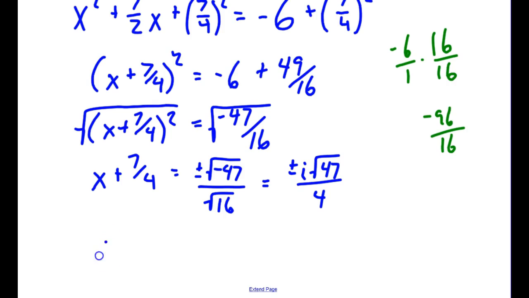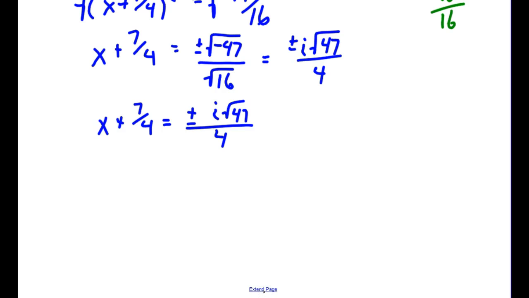So if we rewrite this, we have x plus 7 over 4 equal to plus or minus i radical 47 all over 4. Now the last step, subtract 7/4 to the other side of the equation.